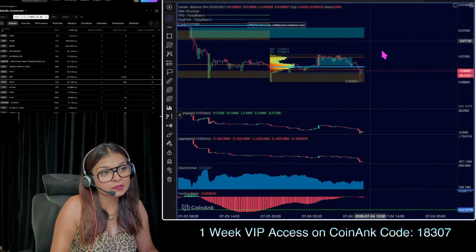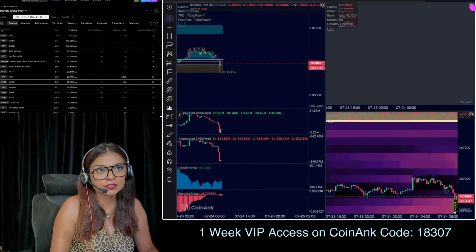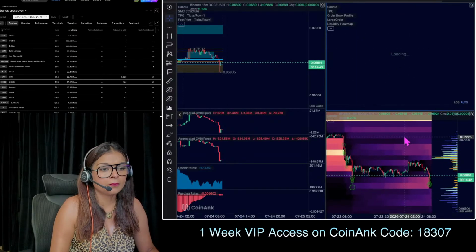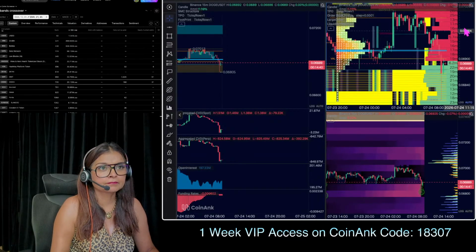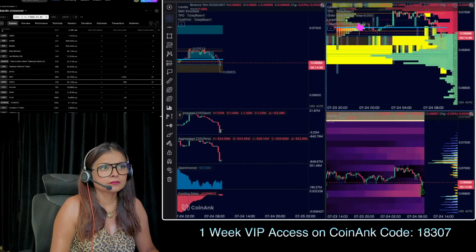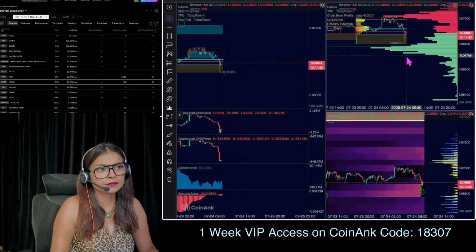All right, we would expect more down movement or a continuation of the downtrend. All right, where is it going? All right, lots of large orders sitting here.